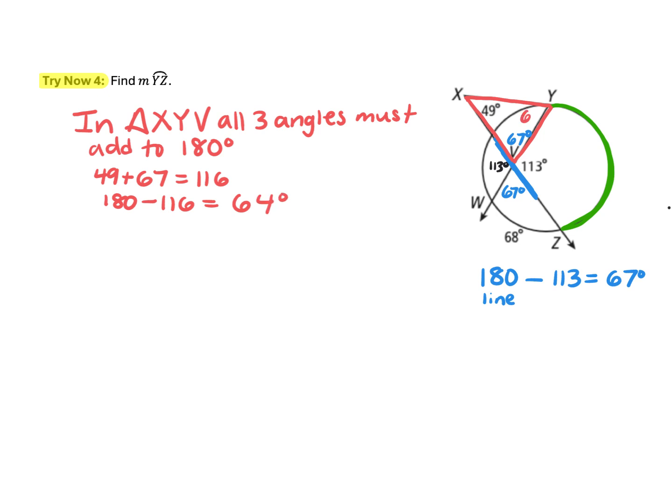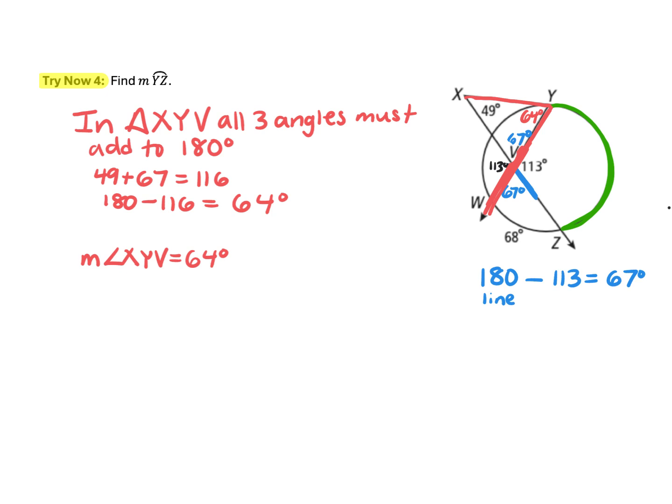So this angle right here, angle XYW, or XYV, is 64 degrees. Now notice that angle too, if we extend this and we look at just the angle and ignore the triangle now, so I'm going to erase that marker.